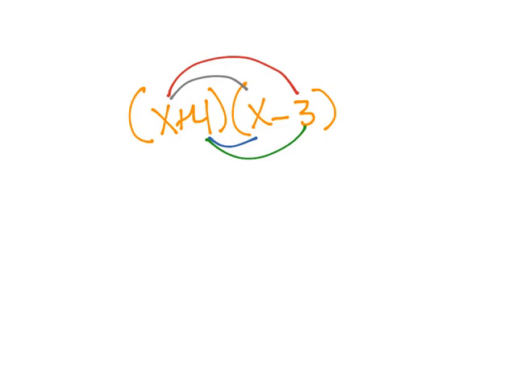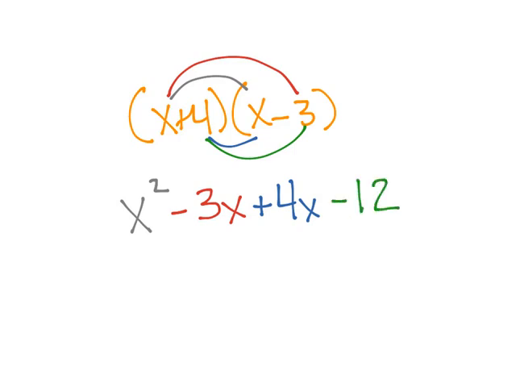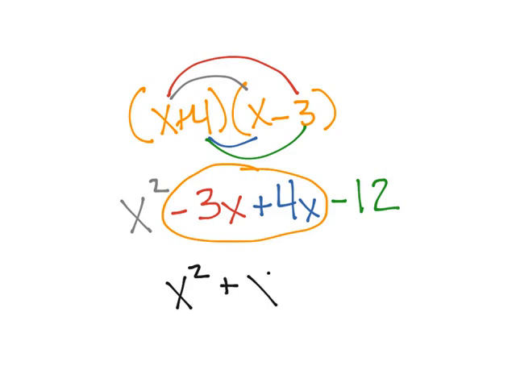So, x times x gives us x squared. X times negative 3 gives us negative 3x. 4 times x gives us positive 4x. And 4 times negative 3 gives us negative 12. Again, we can locate our like terms and combine them for a final answer of x squared plus x minus 12.